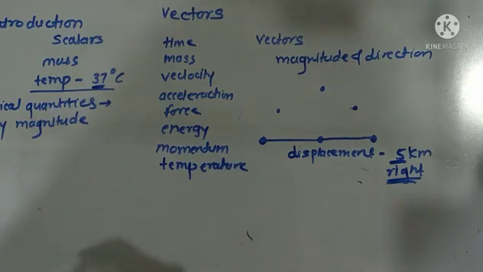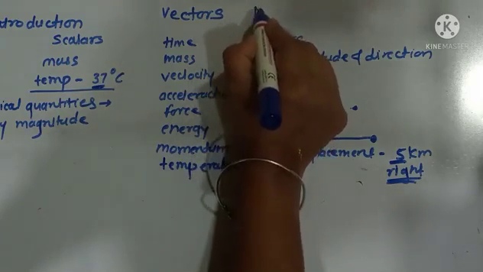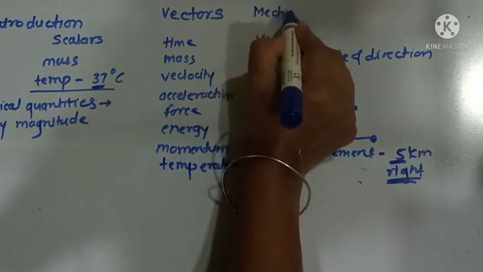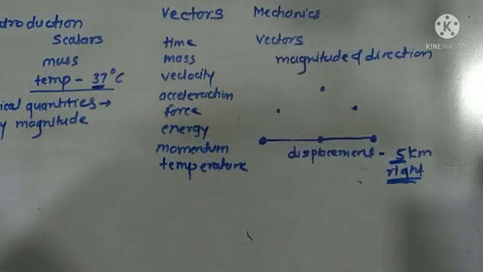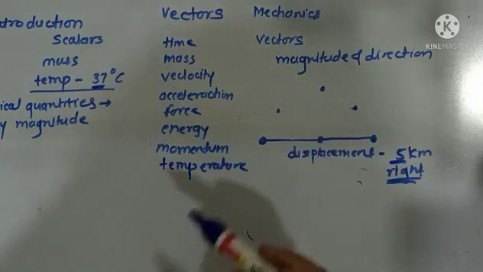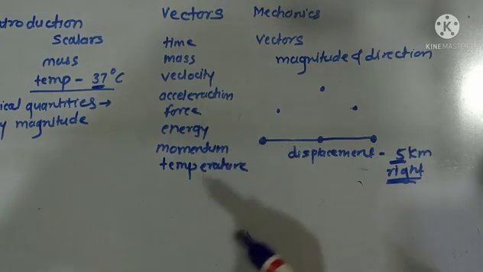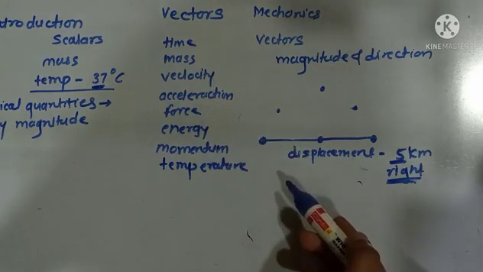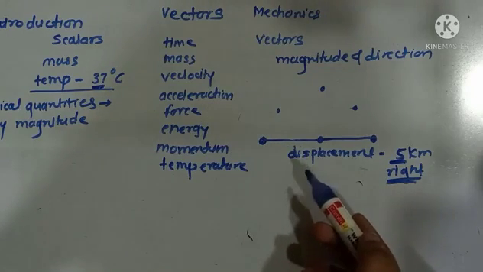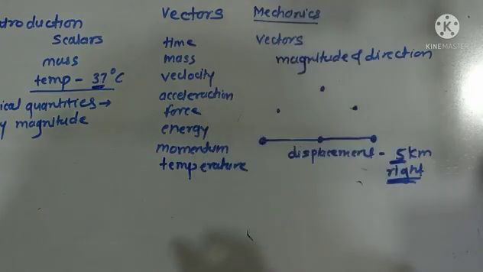As we saw in a previous lecture, we are dealing with mechanics. In mechanics, we are calculating all these entities like velocity, acceleration, displacement, force, and all these entities are vector quantities, and therefore it is necessary to study vectors first. Then we can study mechanics.